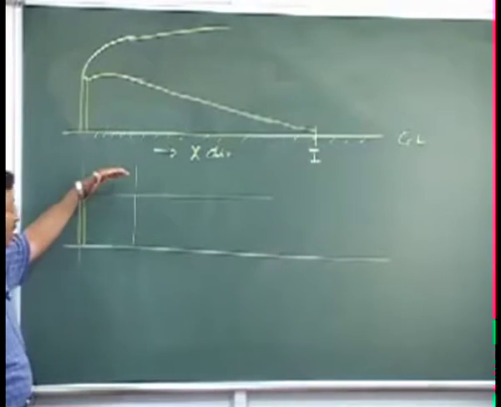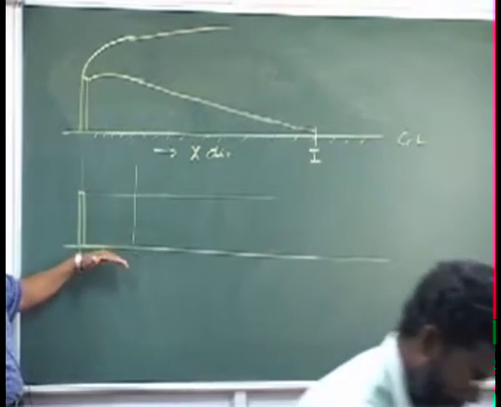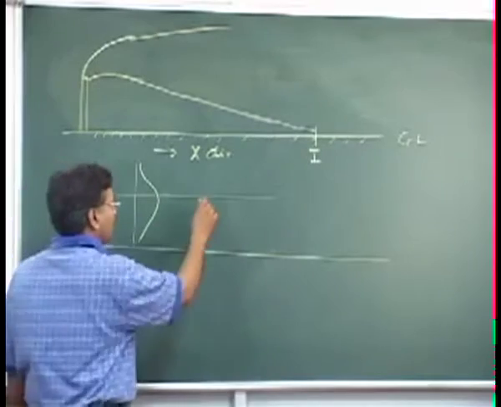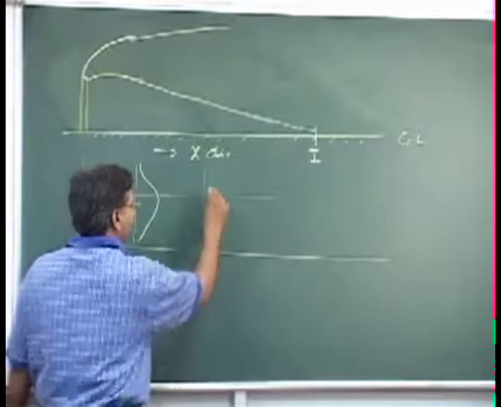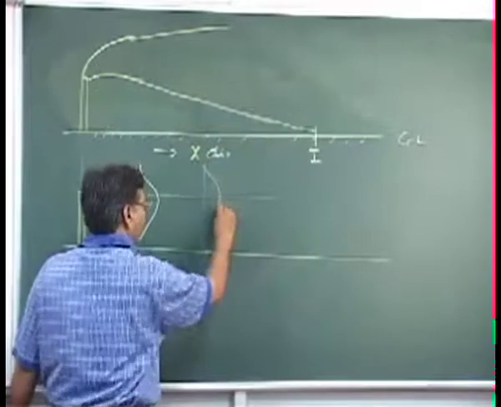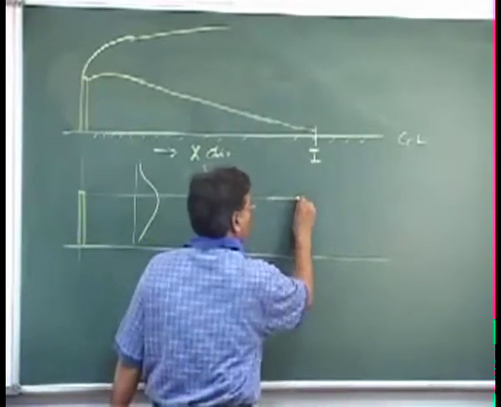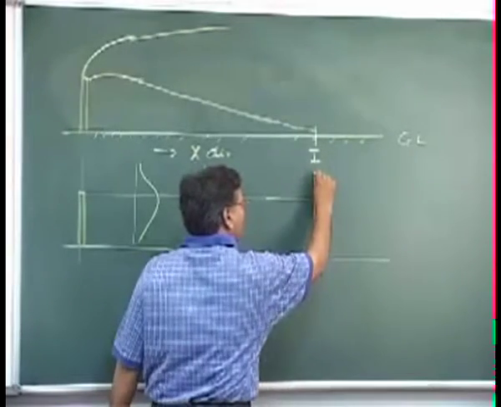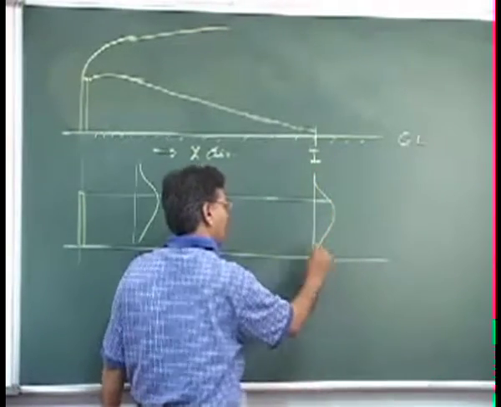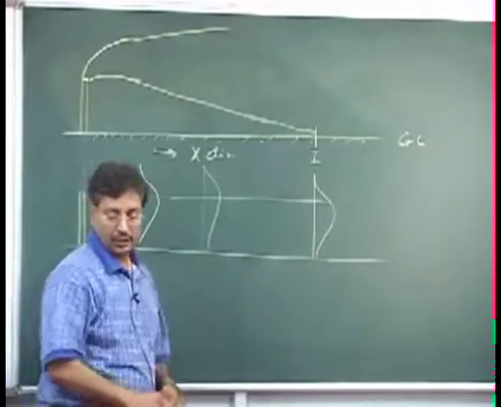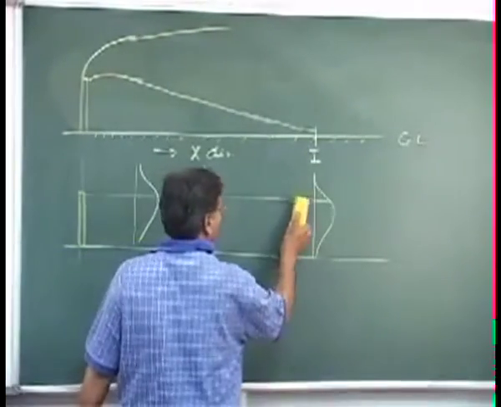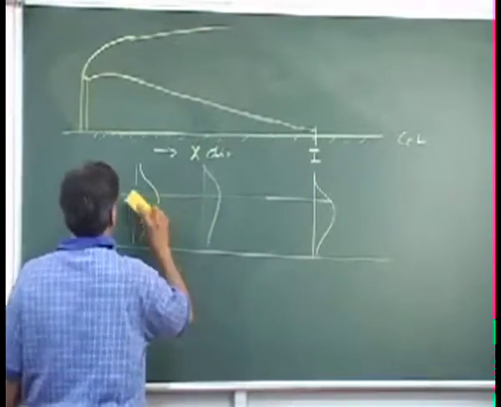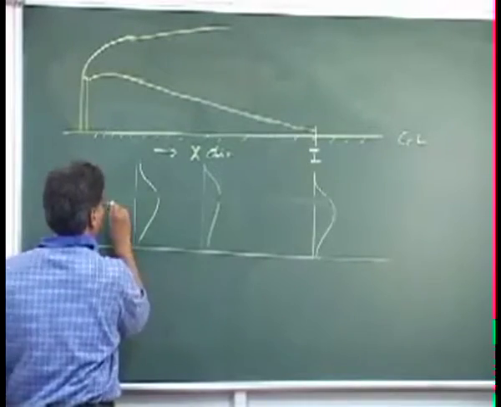If I am measuring the concentration in the z plane, that concentration will look something like this. Then I can measure here. I think what we will do is make it a little lower here.